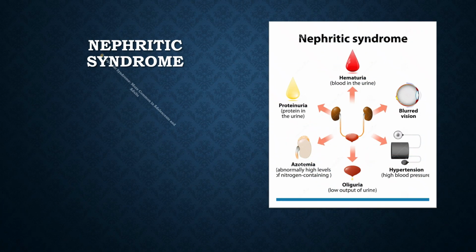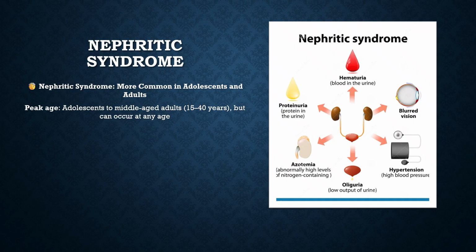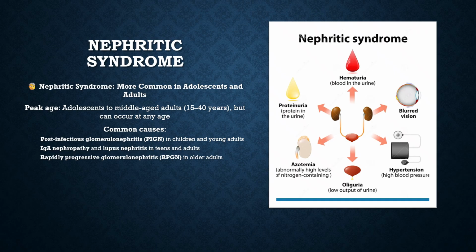Nephritic syndrome is also a children's disease but is more common in adolescents and adults. Peak age is adolescents to middle-aged adults, 15 to 40 years, but it can occur at any age.